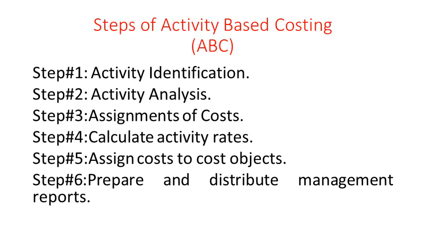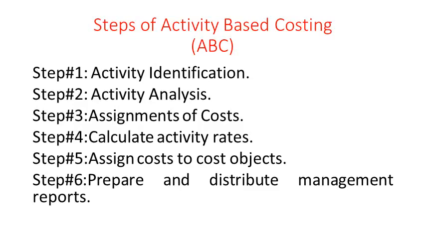ABC costing requires activity analysis similar to the process mapping found in lean manufacturing. This activity analysis identifies indirect cost relationships and allows assignment of some percentage of that activity to an end product directly.